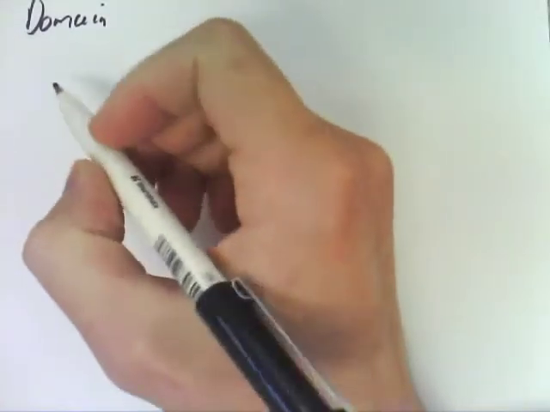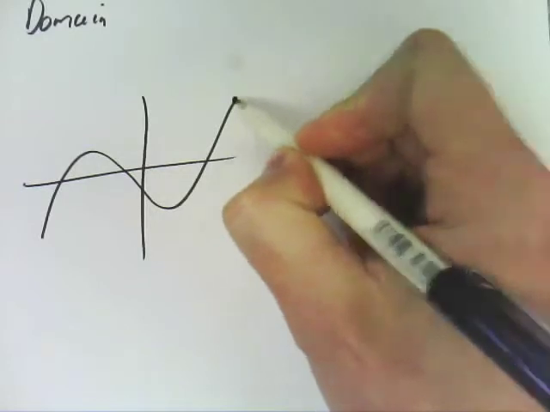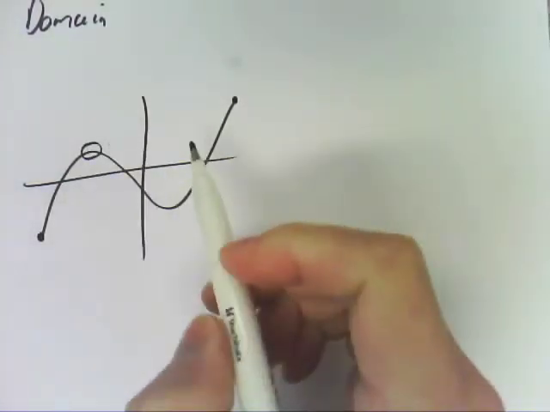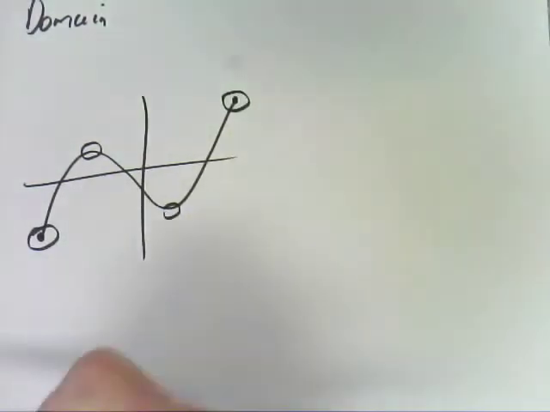So in the last section we talked about restricting the domain, and we talked about function notation. So a lot of these questions are going to ask you for maximum, minimums, or even the range of that function. To work it out, it's all just done on your calculator. If we have a function that looks like this, very similar to the one we did on the last page, then we can find a local maximum here, a local minimum here, a global minimum here, and a global maximum there.